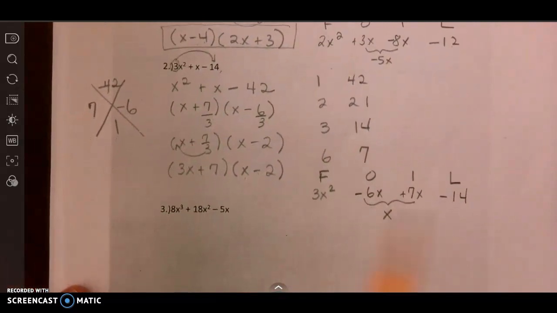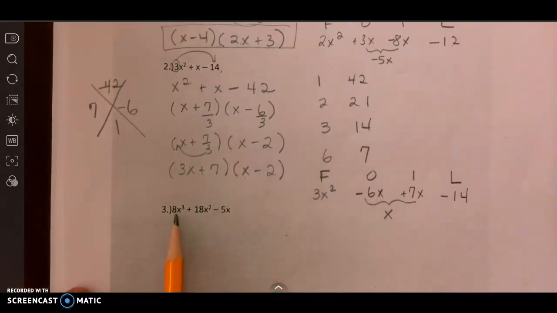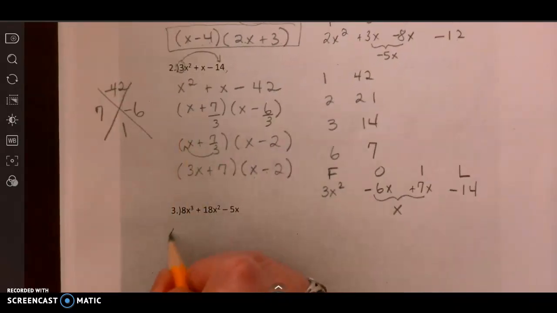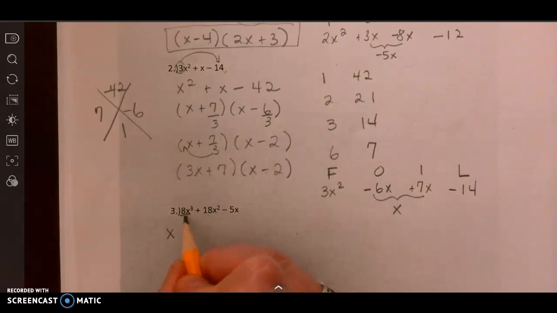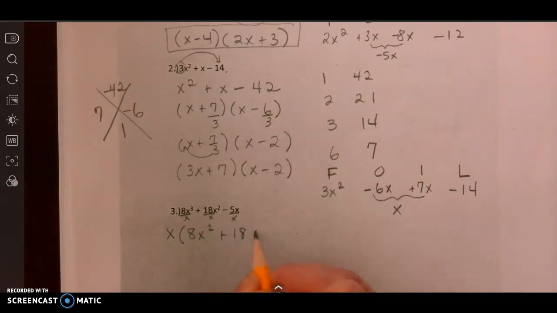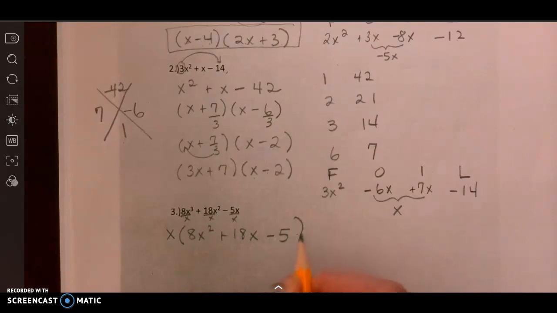Now, number 3, I know it starts with an x cubed, and then has an x squared, and then has an x. So number 3 actually has an extra step where I need to factor out that greatest common factor of x. What I've done is divide each of these by x, pulling the x out in the front, getting 8x squared plus 18x minus 5.